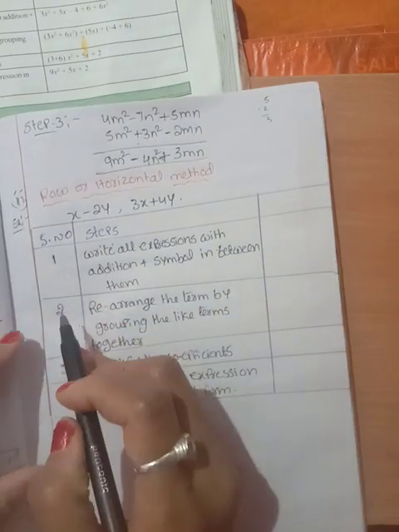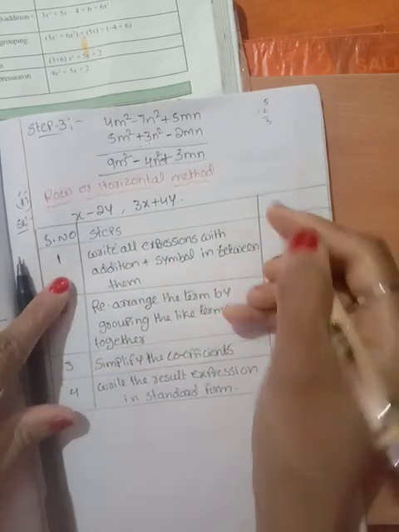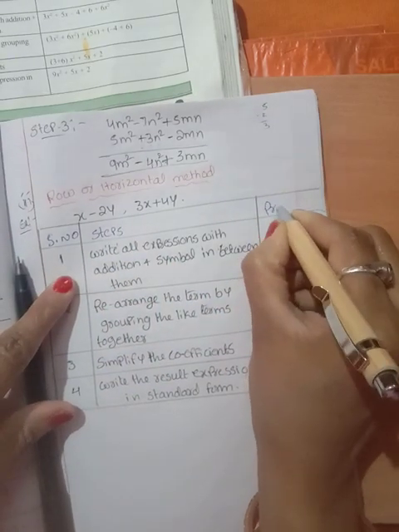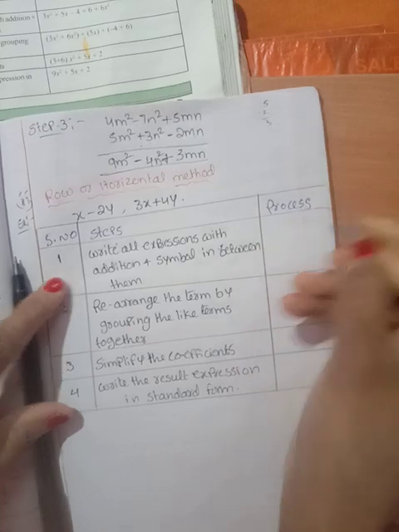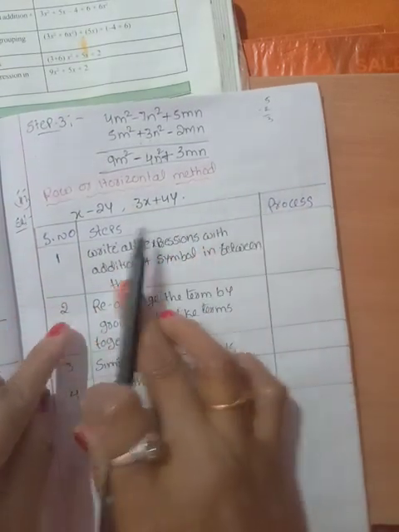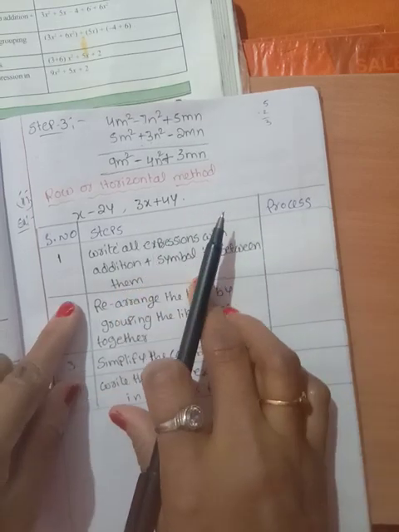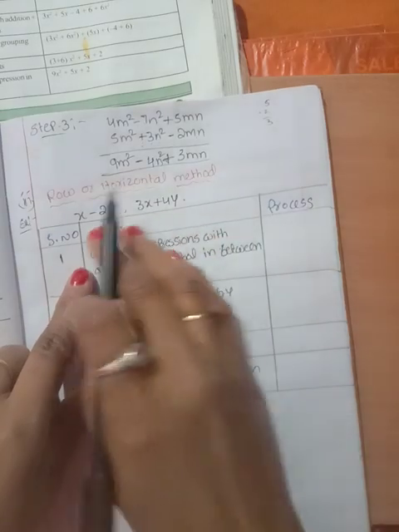First column is the serial numbers and steps, and next is the process, the same as before. Step serial number 1: write all expressions with the addition plus symbol in between them only. Both are 2 expressions.